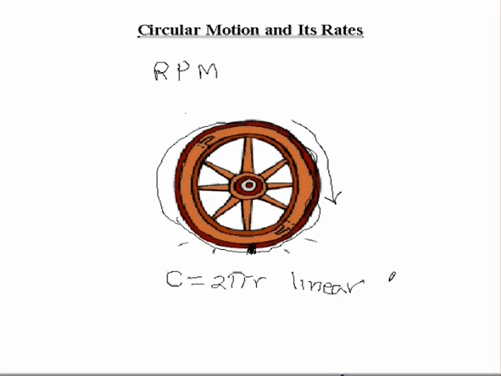So we're going to get a linear speed, so to speak, based on how many revolutions per unit of time would give us that many circumferences per unit of time. So we get a linear velocity, which is kind of a fancied up word for speed, but velocity is used where direction is involved. So the difference between speed and velocity is that part of the definition. Velocity is speed in a particular direction.